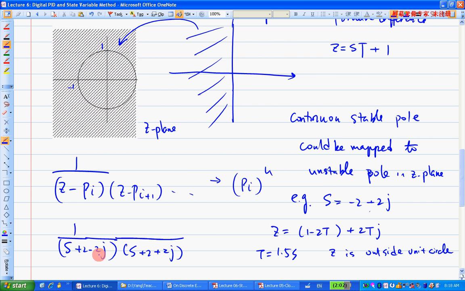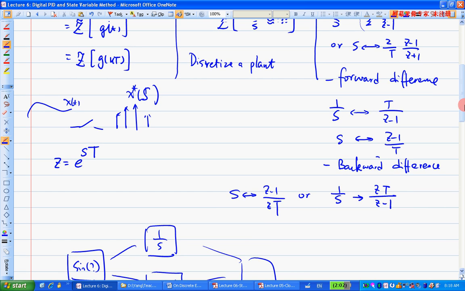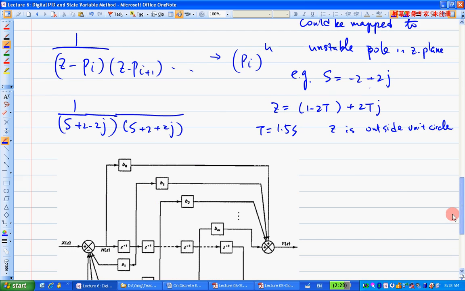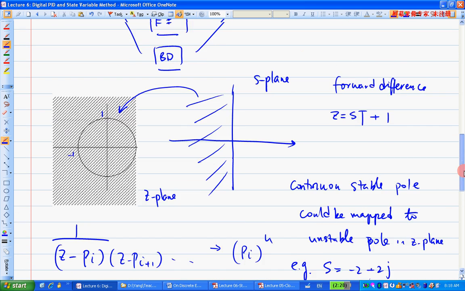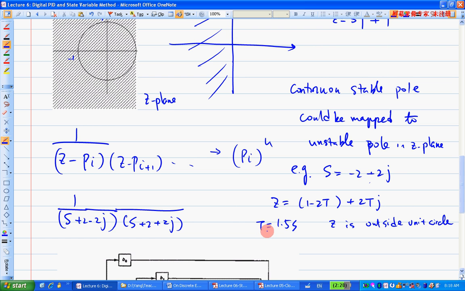Now you're trying to use this forward difference to do the conversion. So you let S equal to this expression here, that's what you do for the equivalence. You set your sampling time as 1.5 seconds, or some other value.